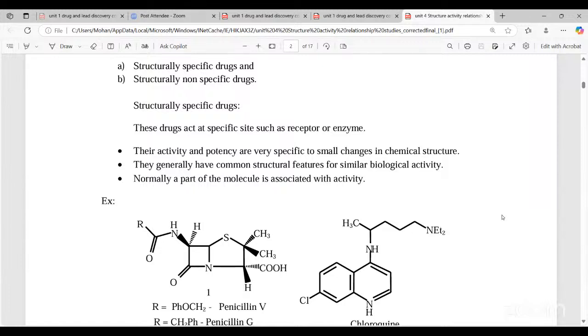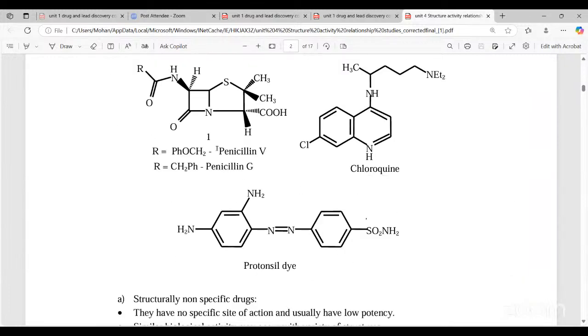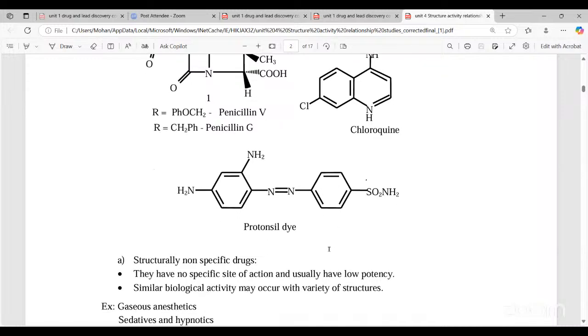Normally, only part of the molecule is associated with the activity. For example, penicillin: we have types of penicillins, where by changing the R group, phenoxymethyl gives penicillin V, and if R equals benzyl group, then penicillin G.